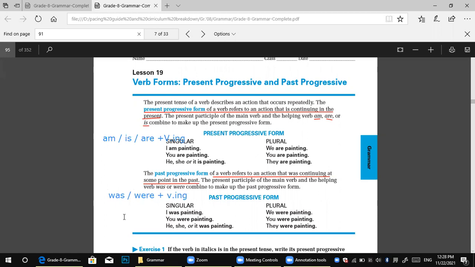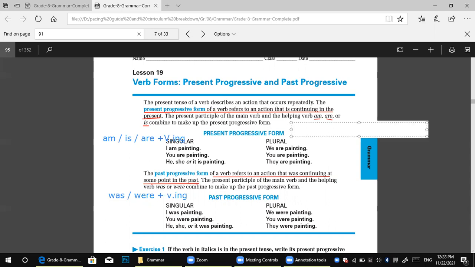That's it. This is all the lesson. The lesson is so easy. It's talking about the present progressive and the past progressive. The present progressive consists of am, is, are, plus the verb ing. Present progressive means right now. We can write here that it happens right now.